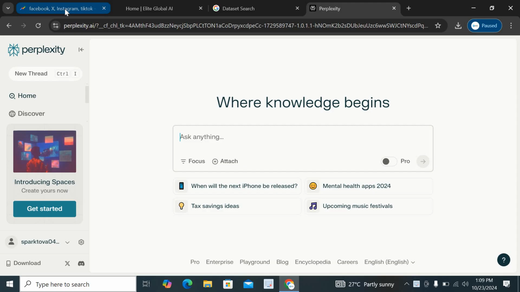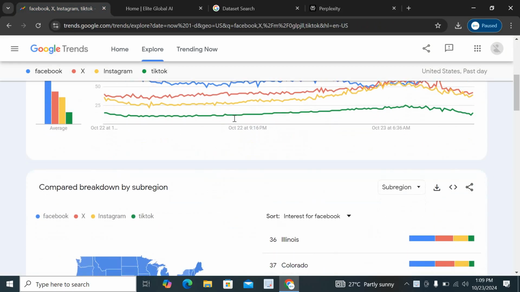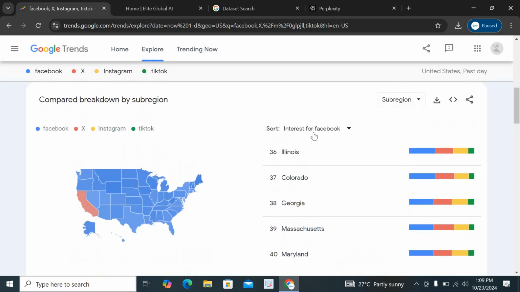Right. Next, we went on to Google Trends, where we could find out trending topics, trending things in a region, even in sub regions, right? And find out what's really going on about that topic within that region.